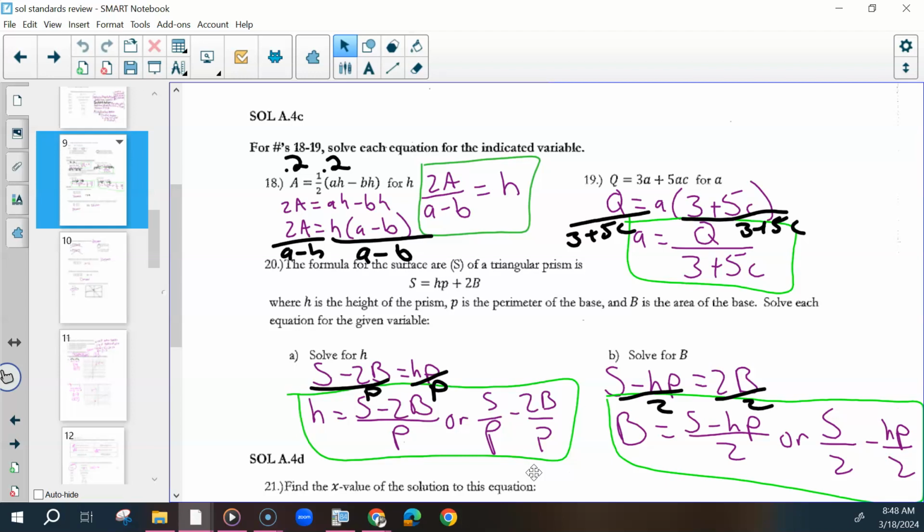If you don't have it with you, write this down on a piece of paper. You can start writing down the work for 4C.